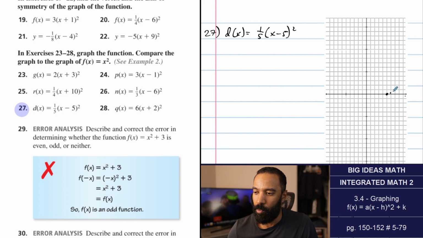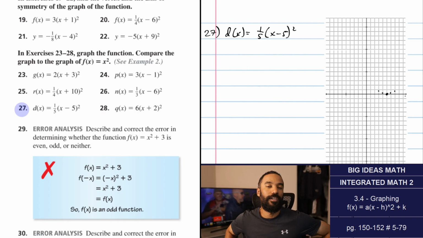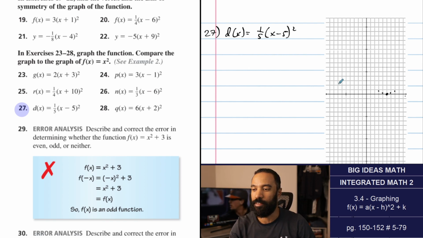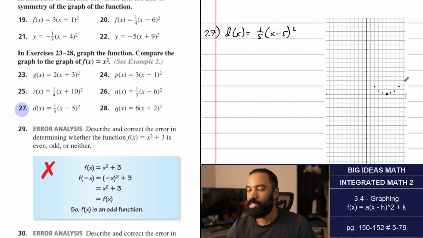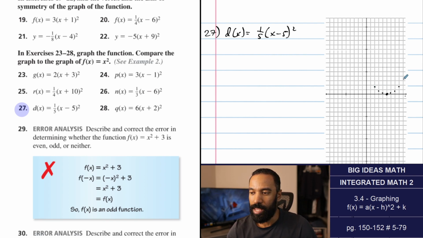I got a 1/5 of 1, a 1/5 of 4, which is 4/5. Again, I'm saying these numbers based off of how far we go over. We go up that amount squared, but then times 1/5. 9/5 is 1 and 4/5. 16/5 is 3 and 1/5. And then the good one, 25/5 is 5.